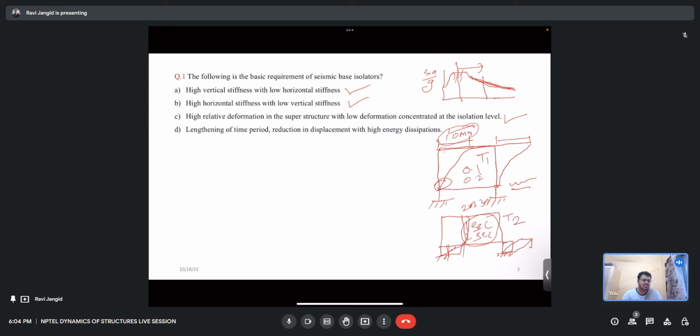For the isolated structure, T1 is less than T2. This is for the isolator, and this is for the fixed base.